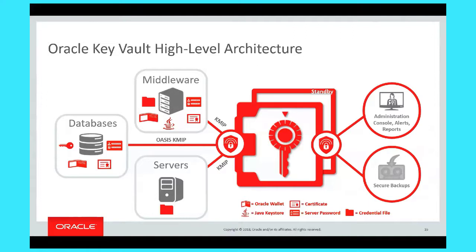These are not really agents, but they're avenues for communications between the Key Vault server and the host servers that you're running databases or middleware on that you install on those servers. And when you install an endpoint, the endpoint sets up a mutually authenticated TCP/S connection between the Key Vault server and the database or middleware server.